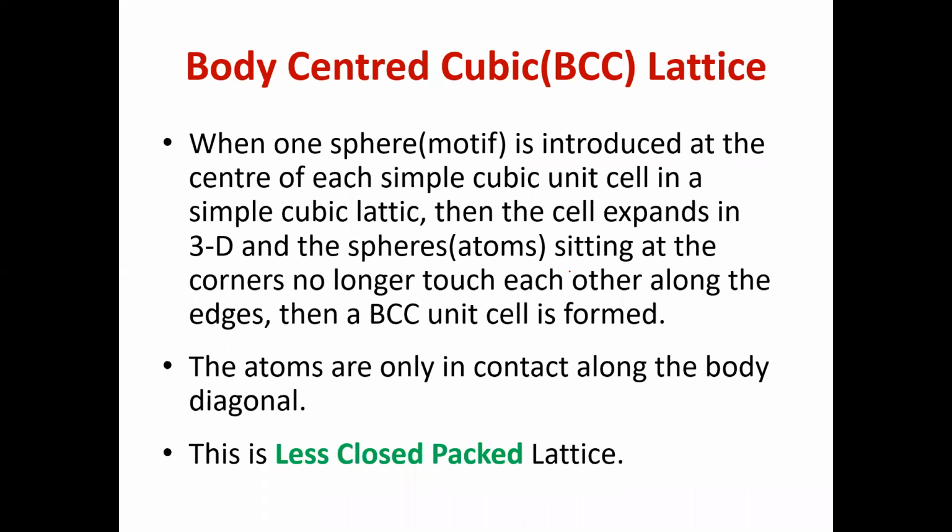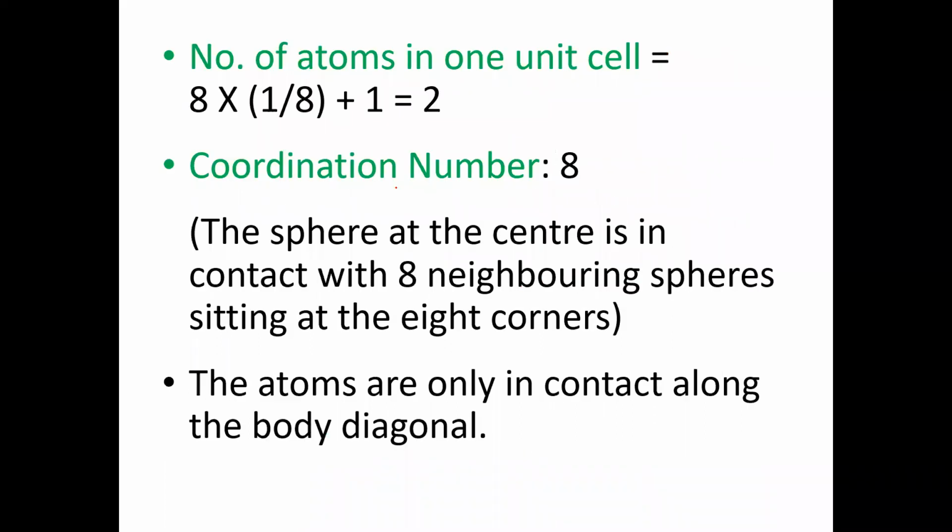It becomes a less close packed lattice, where the packing percentage increases from 0.52 to 0.68, 68%, because the center is occupied by a same sized sphere. And that also we knew to calculate the number of spheres: 8 into 1/8 for corners and 1 at the body center, so the total number of spheres is 2.